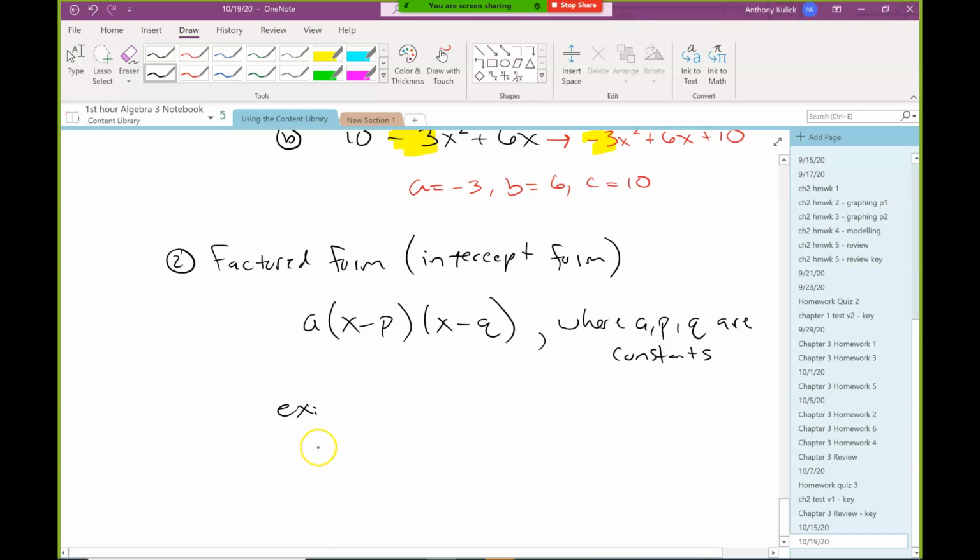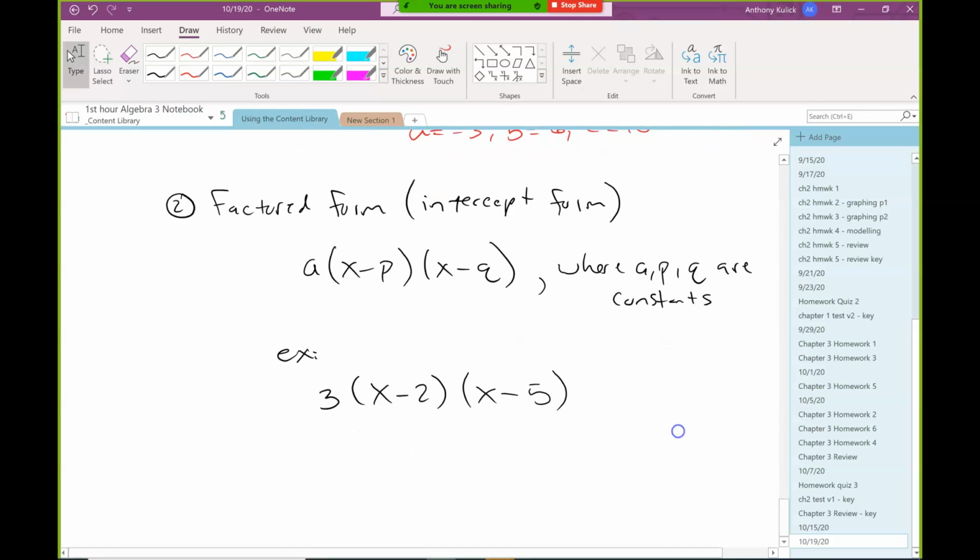So for example, if we had 3 times the quantity x minus 2 times the quantity x minus 5, is this in factored form? Yeah, right? So what would the value for a, p, and q be for this polynomial?